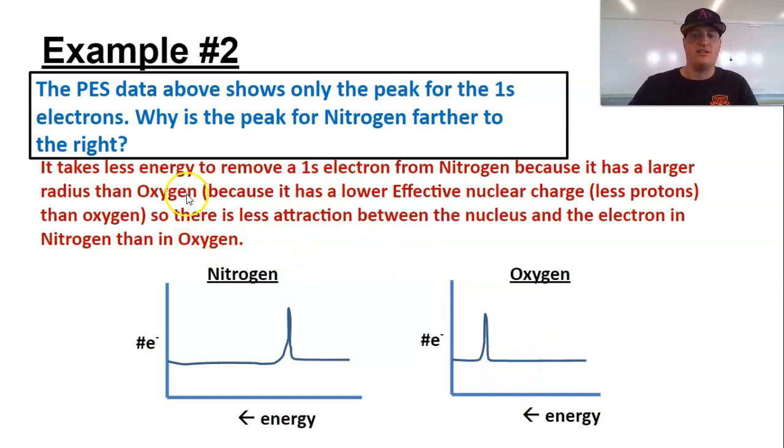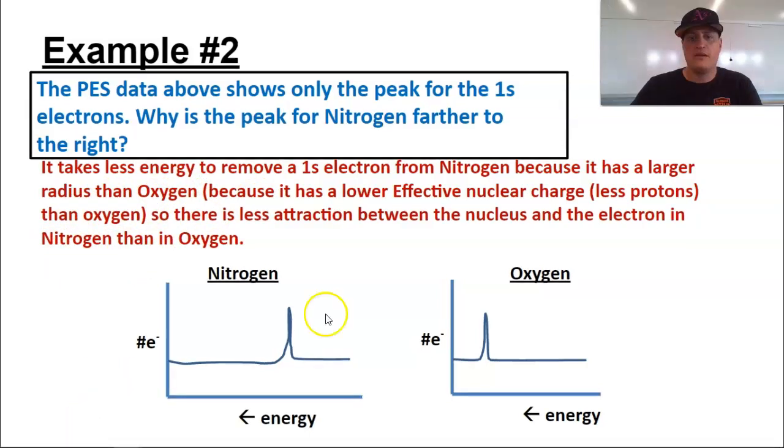Or you could say nitrogen has a lower effective charge, because it has fewer protons than oxygen does. So it has less attraction to the nucleus.